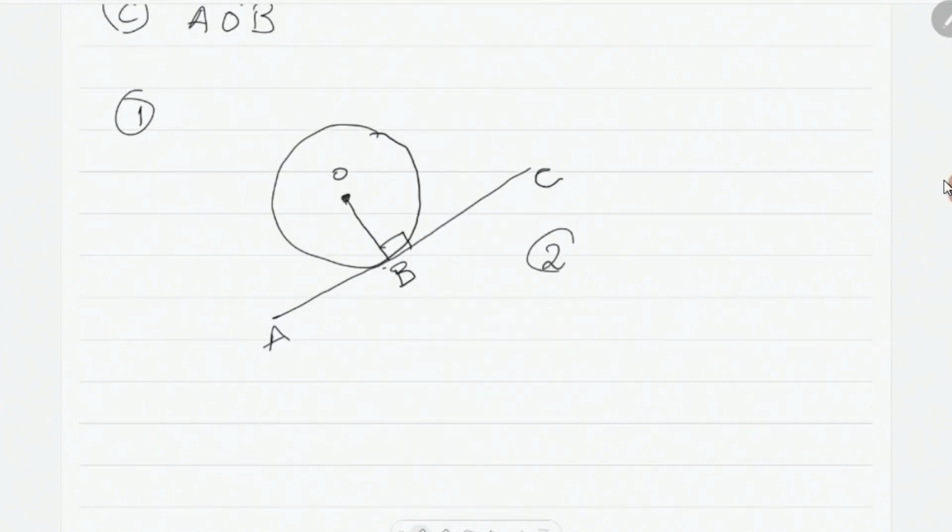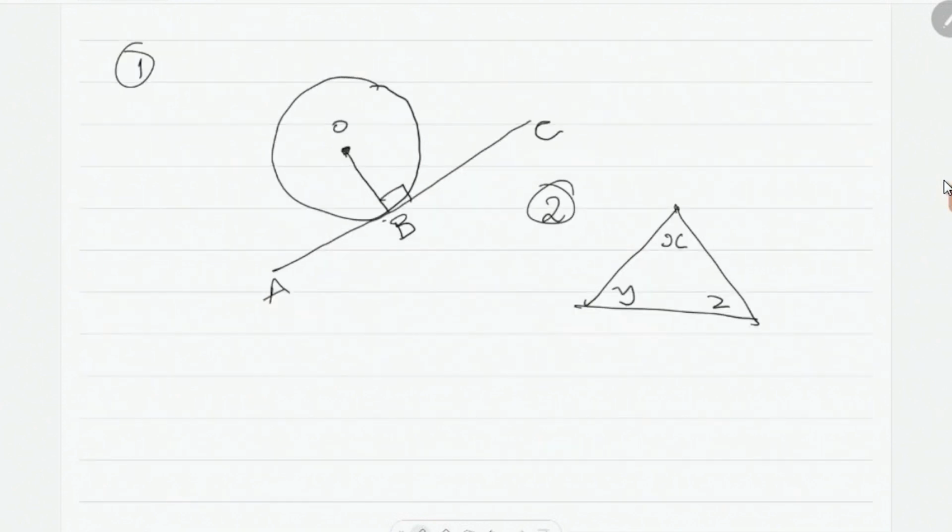Then number 2, I'll talk about a triangle. I have the interior angles X, Y, and Z. I want you to know that the sum of interior angles in a triangle add up to 180. So X plus Y plus Z gives us 180 degrees.